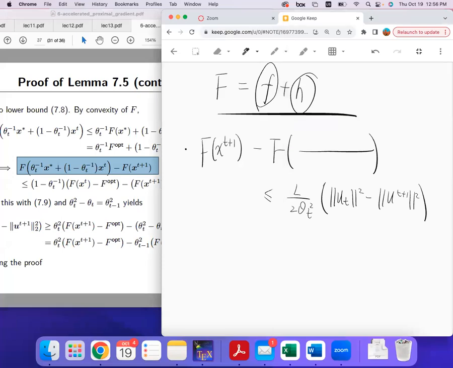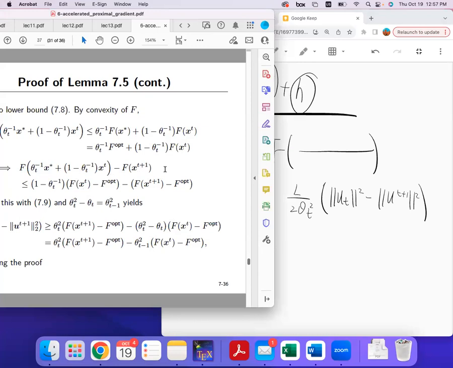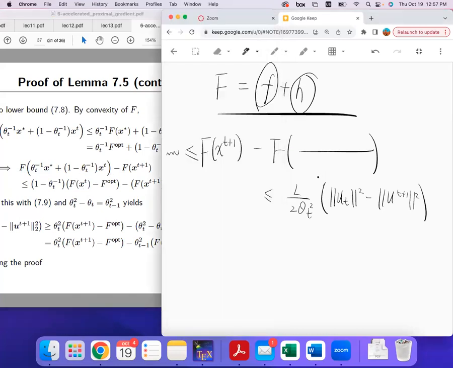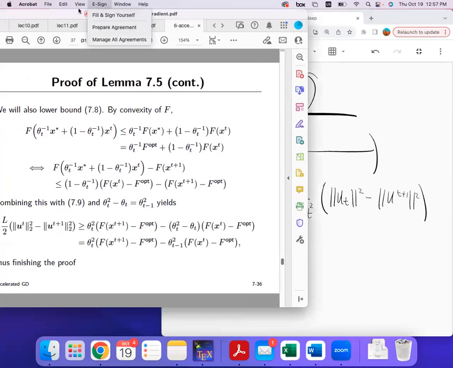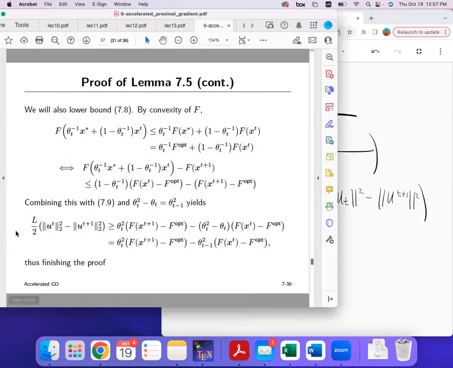So we can further lower bound this term by the negative of the right-hand side. Plug the right-hand side into the lower bound and simplify things. Eventually we will get this term.